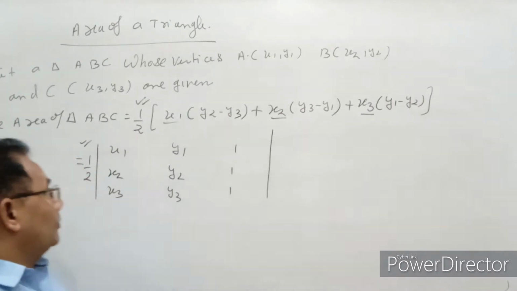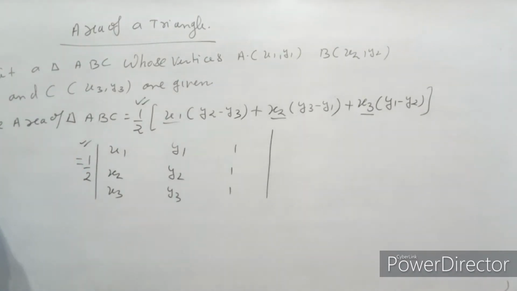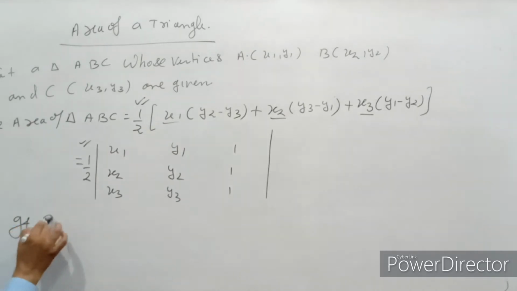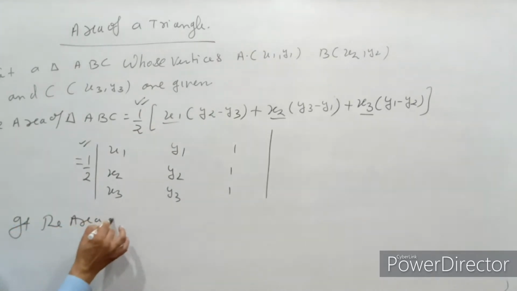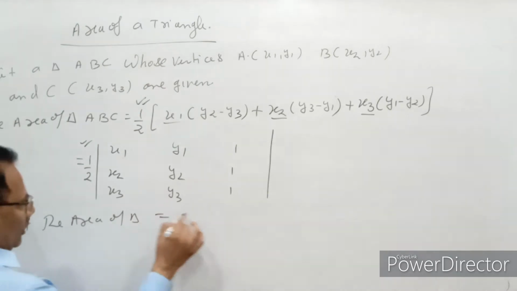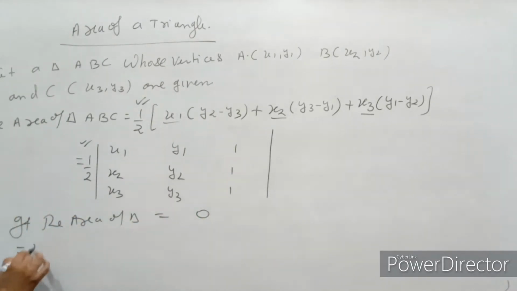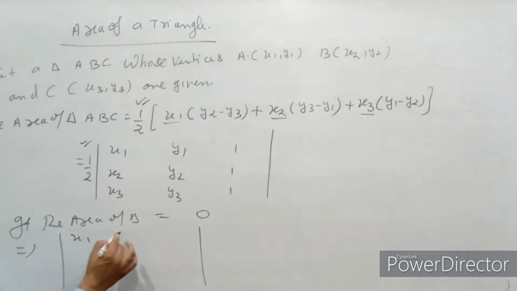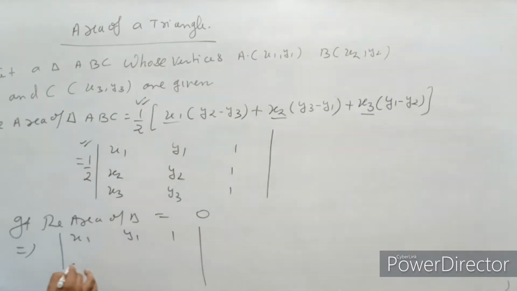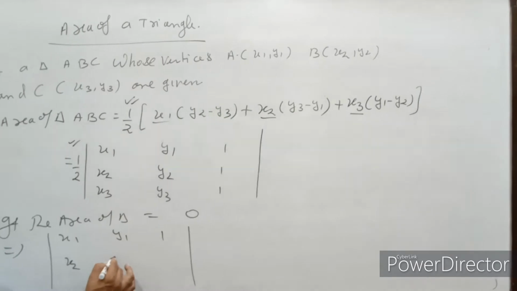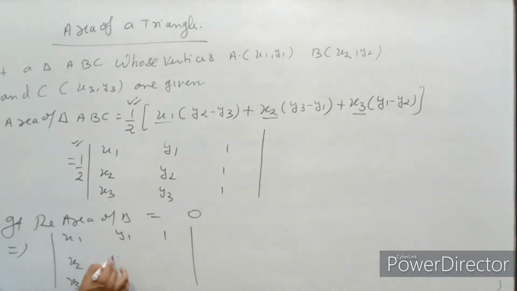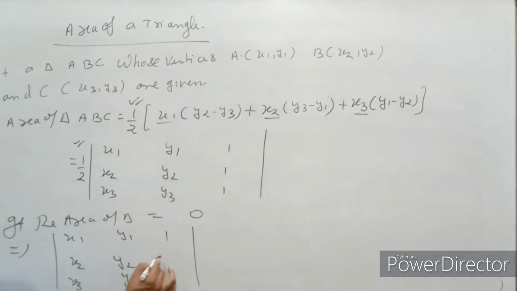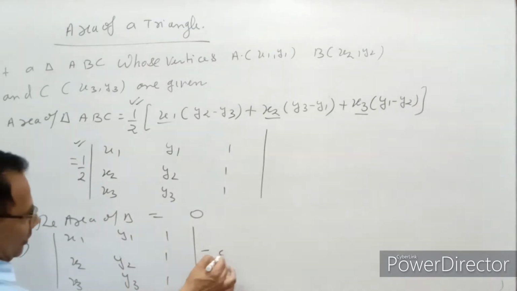Now, number 1 is the area of the triangle. Number 2: if the area of the triangle is equal to 0, this implies that the determinant with rows x1, y1, 1; x2, y2, 1; x3, y3, 1 is equal to 0.